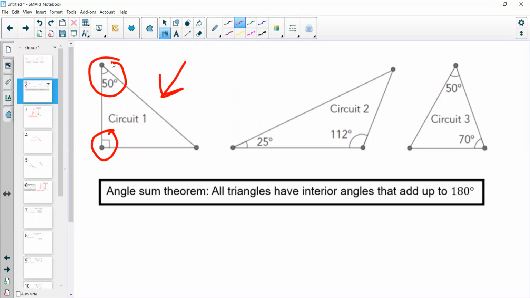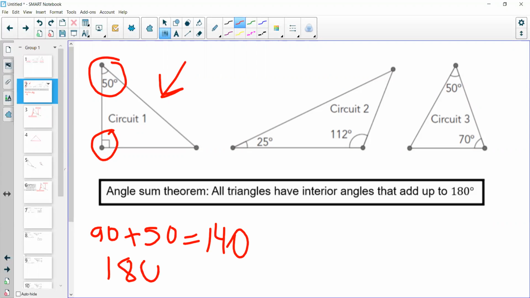So if I add 90 plus 50, I get 140, which means the remaining angle must be 180 minus 140 because it adds up to 180 degrees. Well, 180 minus 140 is 40 degrees.